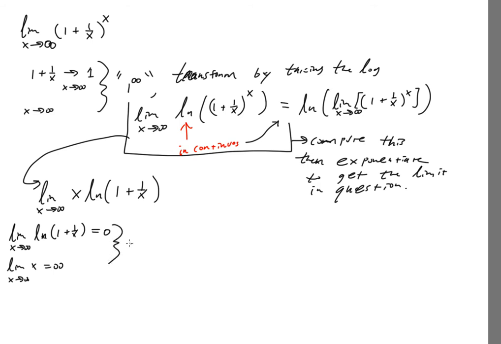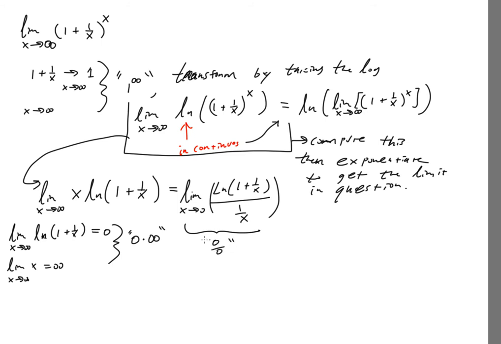So taken together, this is a case of 0 times infinity. So what we have to do is use the transformation we explored in the previous problems, taking natural log of 1 plus 1 over x and dividing it by 1 over x. Now this problem is a 0 over 0 indeterminate form, in which case we can use L'Hopital's rule.